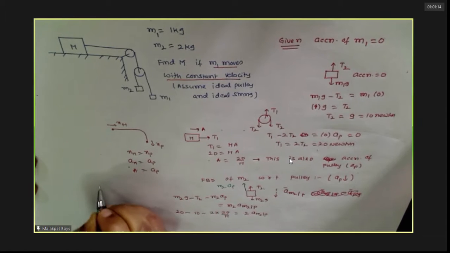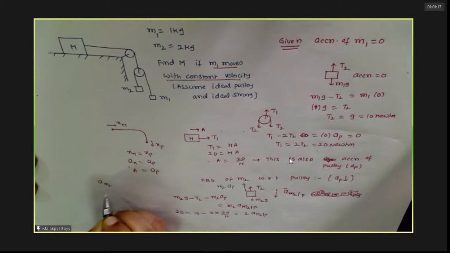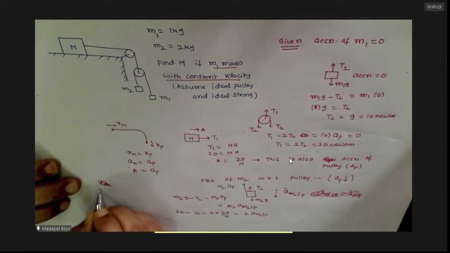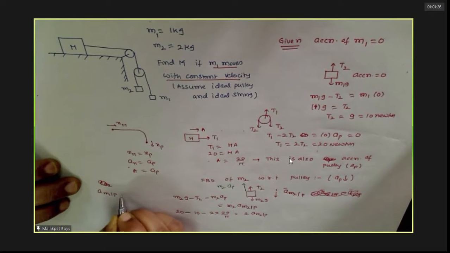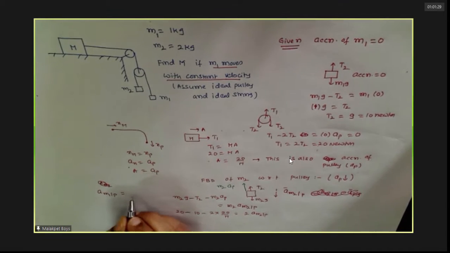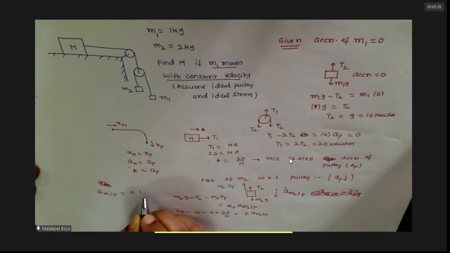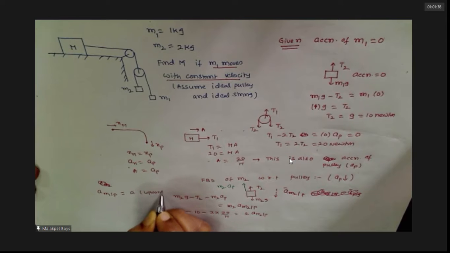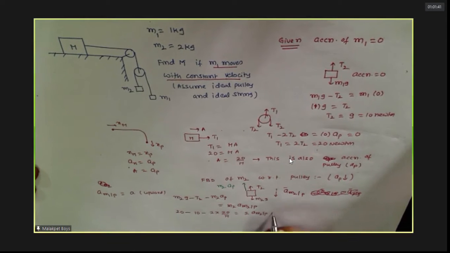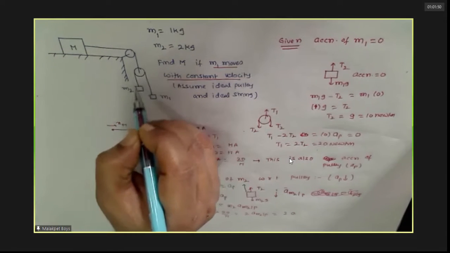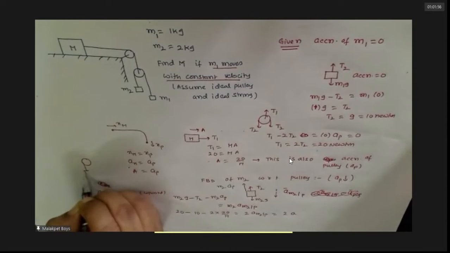Now see, acceleration of M2. When this comes down, this has to go up, no? The acceleration of M1 with respect to the pulley is nothing but A upward, no? If we take this with respect to the pulley, when this comes down, this goes like this, no? Use your senses.